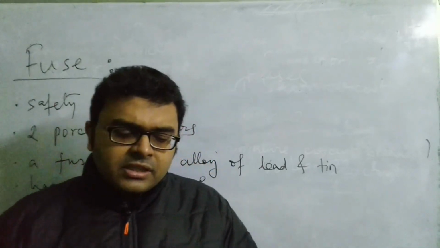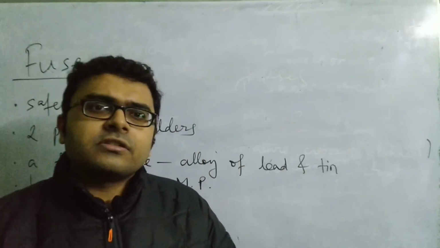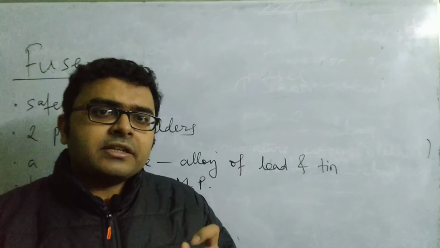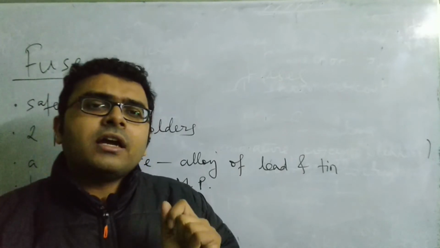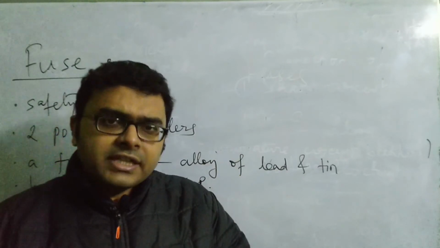So in this way, whenever there is an overcurrent due to any kind of faulty situation in the circuit, the fuse wire disconnects the appliances connected to the power supply, and thus it saves the appliances from being damaged, isn't it?